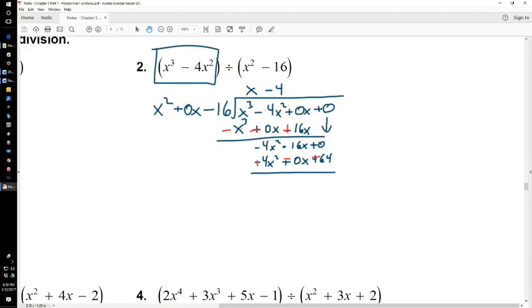So we have to distribute that negative. So negative 4 plus 4 is 0. 16 minus 0 is 16, so 16x. And then 0 minus 64 is negative 64. And there's nothing more over here to pull down, so we're done at this point.